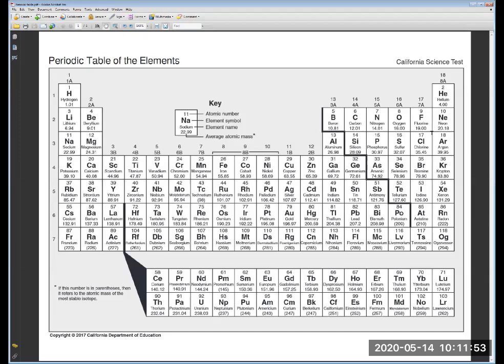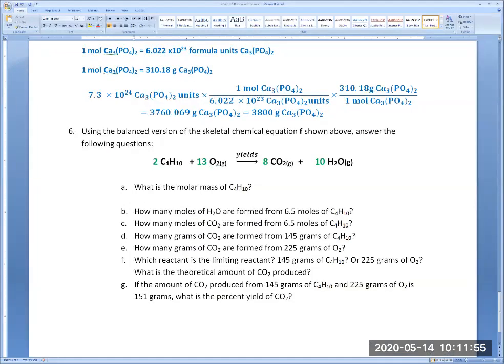So let's go back here and do this calculation. So 12.01 gram times 4 carbons. I'm specifying here, this is from carbons, plus 1.01 grams times 10 hydrogens. And so you take that in your calculator. So 12.01 times 4 plus 1.01 times 10.